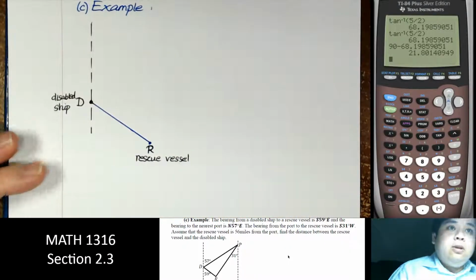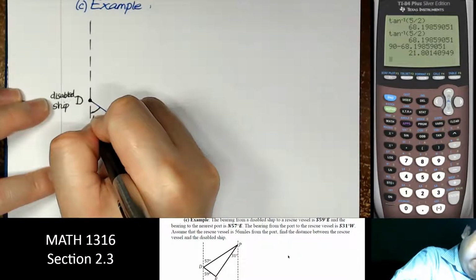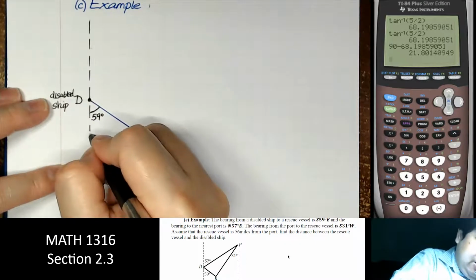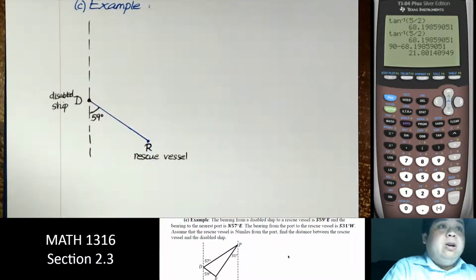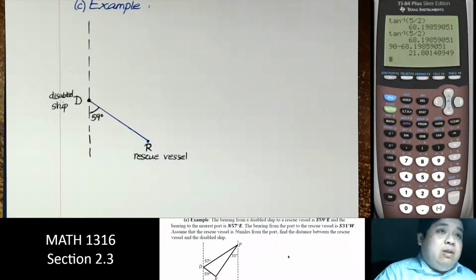And the angle is 59 degrees, south and east. And the bearing from the ship to the nearest port is north 57 degrees east.